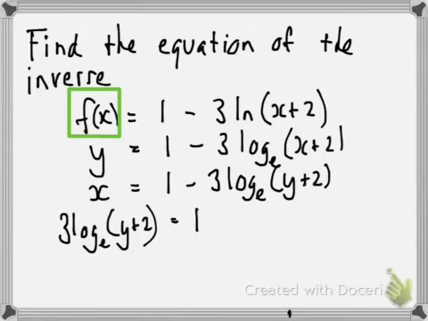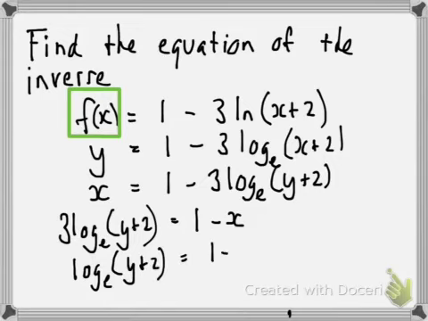I'm going to leave the 1 where it is, and I'm going to take this x here and move it to the other side: 1 minus x. Alright, now I'm trying to get y by itself here, so the next step I'll do is deal with the 3, and I can deal with that by dividing the right hand side by 3, like so.